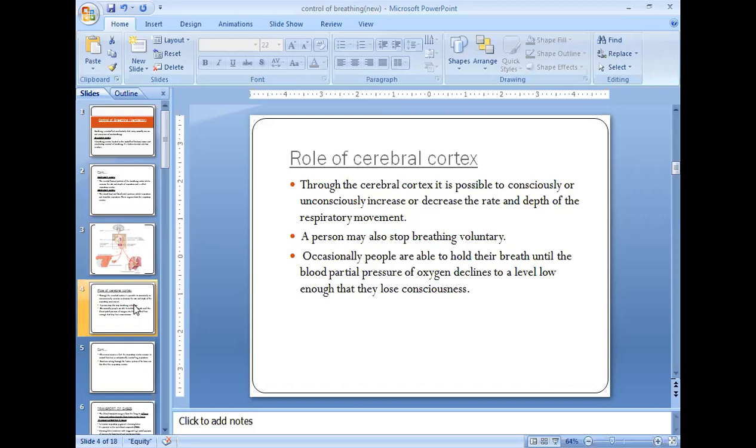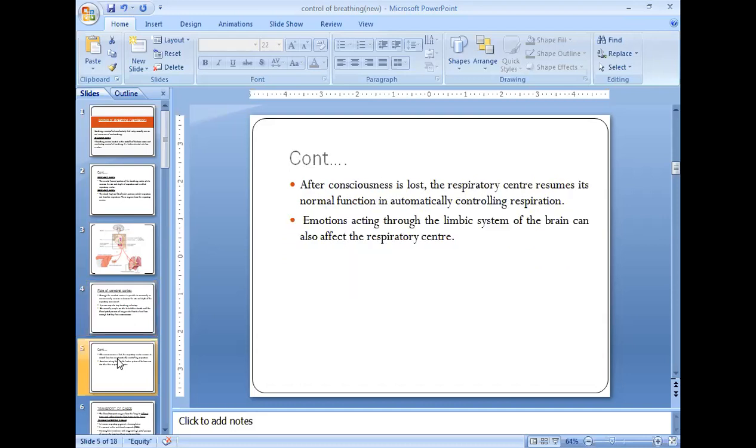A person may also stop breathing voluntarily, and people are able to hold their breath until the blood partial pressure of oxygen declines to a level low enough that they lose consciousness. This means when a person holds their breath, the partial pressure of oxygen drops, and the person loses consciousness.